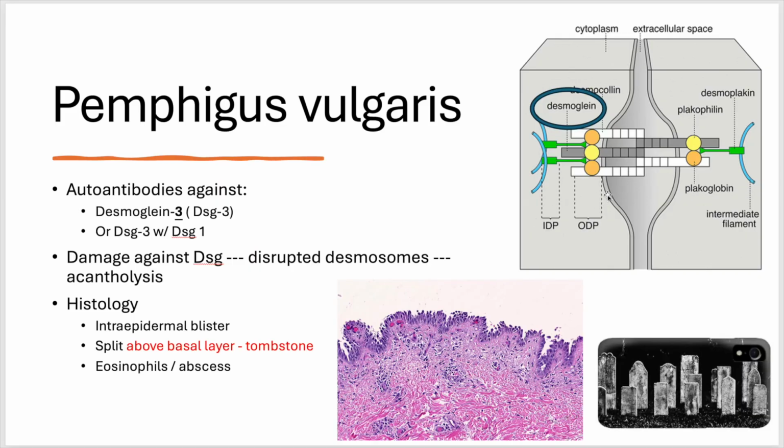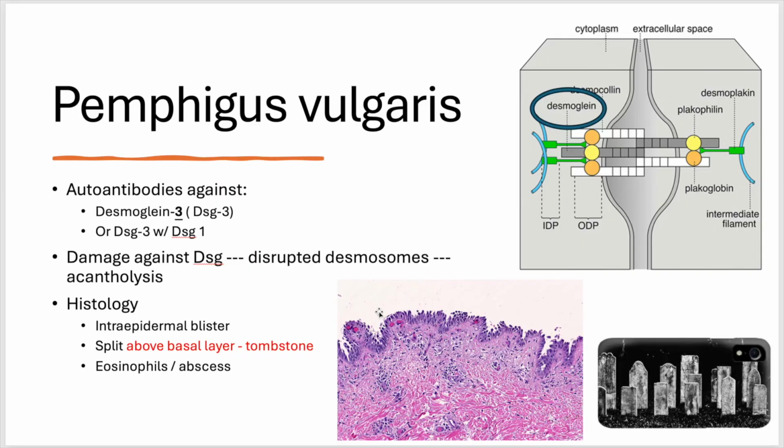Some patients also make autoantibodies not only to DSG3 but also DSG1, which adds more superficial skin involvement. So when there are autoantibodies bound, the desmosomes fall apart and the keratinocytes lose connection. That's what we call acantholysis, and you can see here the keratinocytes cannot hold each other.